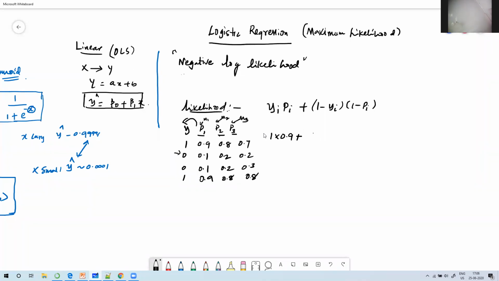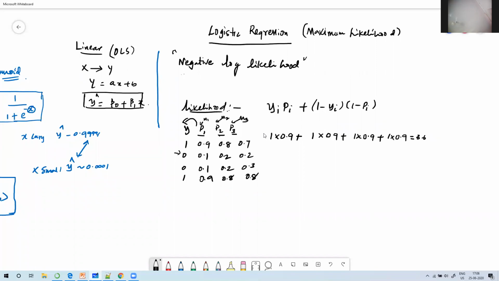For the second, 1 minus yi would be 1, and pi is 0.1, so 1 minus pi is 0.9. So for the next observation also it is 1 into 0.9, and the next one is also 0.9. So this is going to be 3.6.